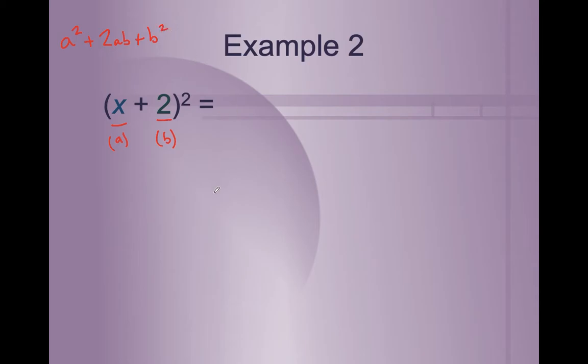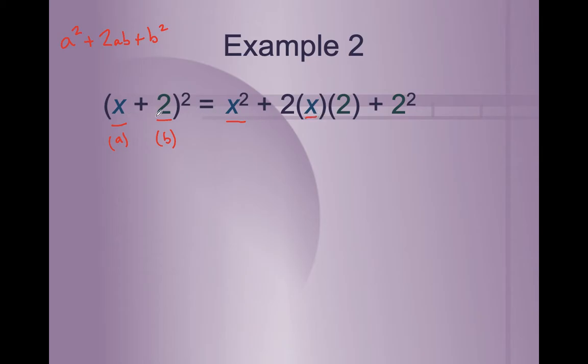So let's figure it out. x is represented as my a, so my first term is going to be x squared. My final answer is going to be x squared plus 2 times a times b. Well, what was a?